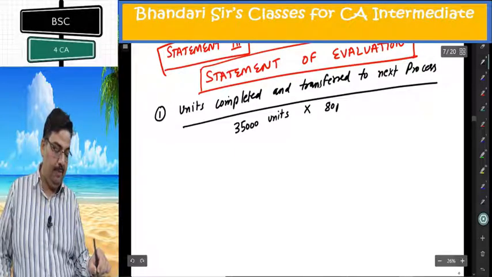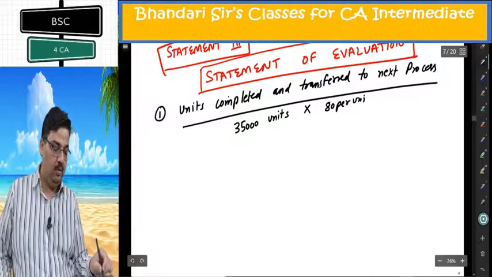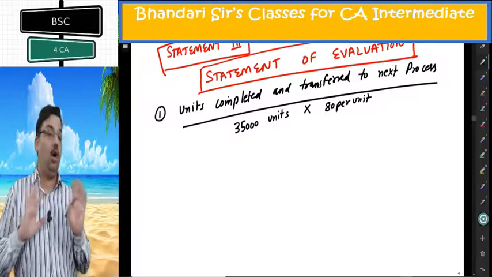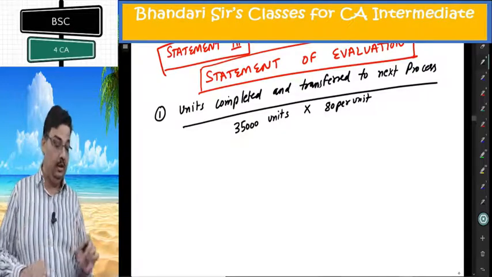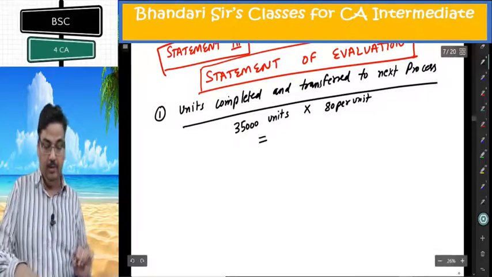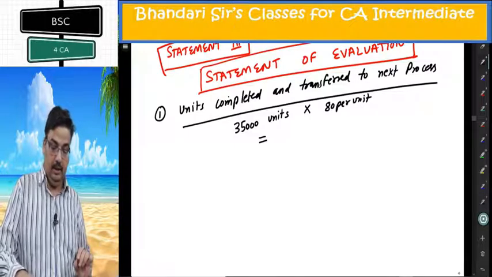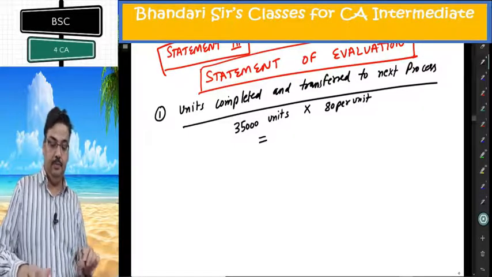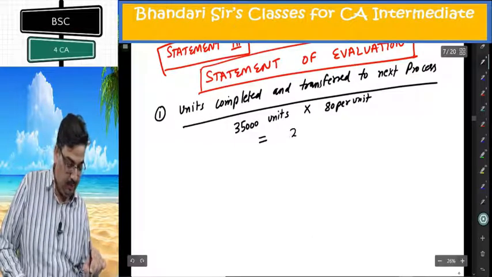Multiplied by 80 per unit total. For abnormal gain and completed units, very easy evaluation. Abnormal gain does not apply in this question, but completed units apply in every question. So you are getting 35,000 multiplied by total 80 per unit. This becomes 28 lakh rupees.